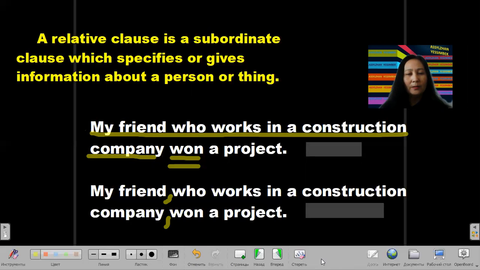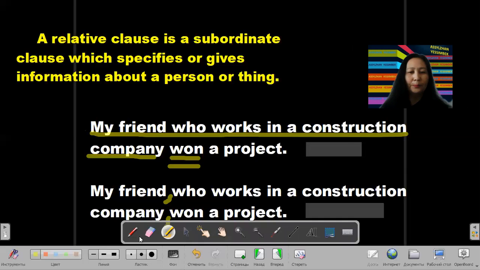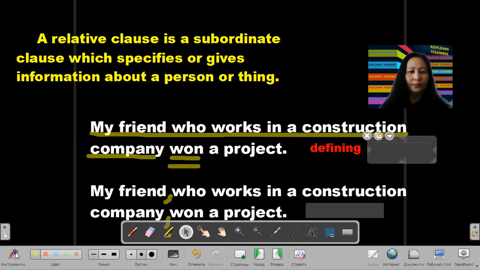In this case, I have a lot of friends, and I'm talking about that friend who works in a construction company. So we can say that this clause is a defining relative clause.